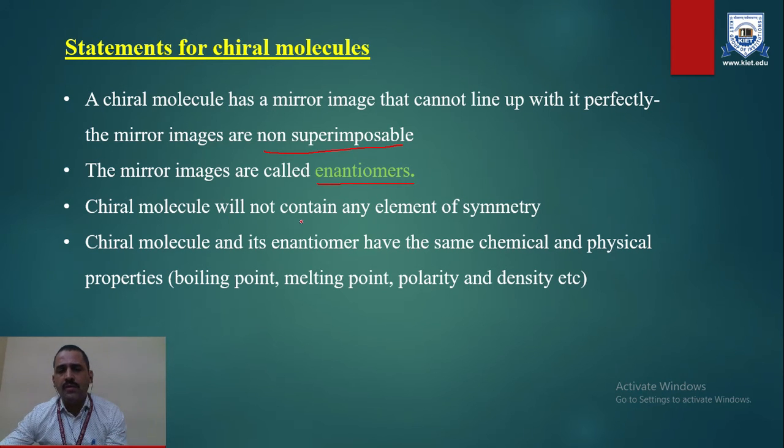A chiral molecule will not contain any element of symmetry, meaning no imaginary line will bisect it into 2 equal halves. A chiral molecule and its enantiomer have the same chemical and physical properties like boiling point, melting point, polarity and density.